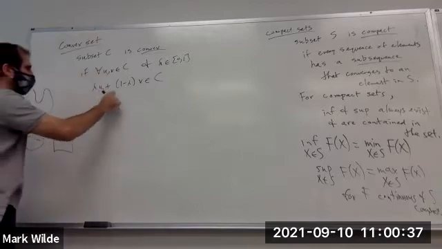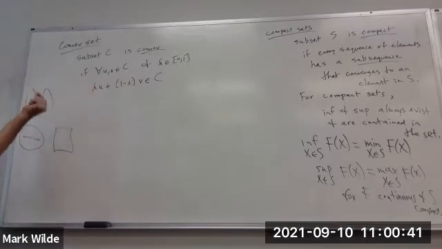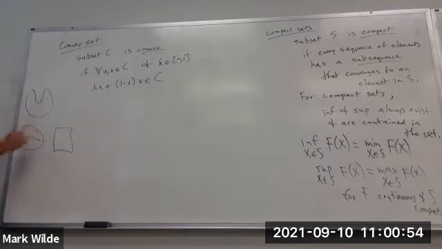That's the lambda u plus 1 minus lambda v, right? This lambda is an interpolating parameter that connects these two via a line. And if every point on the line is in the set, then the set is convex, right? So you look at this, boom, convex, right?